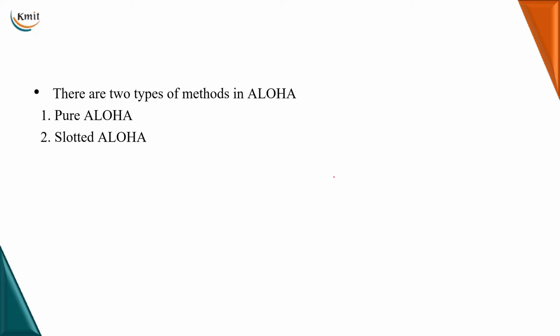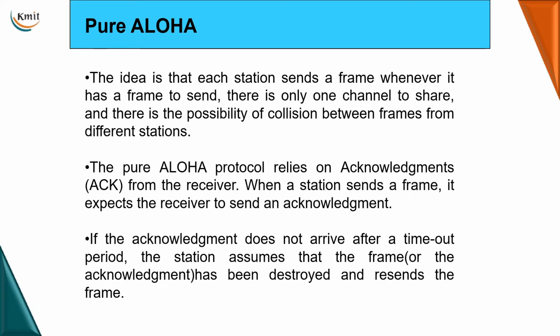Aloha is a random access protocol which has two types: pure Aloha and slotted Aloha. Pure Aloha is the basic one, whereas slotted Aloha is an improvement over pure Aloha. Let us understand what pure Aloha is. The idea is that whenever a station has frames to send, it will send the frame randomly.